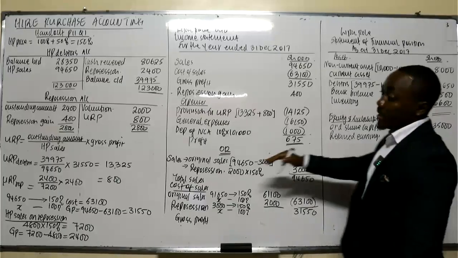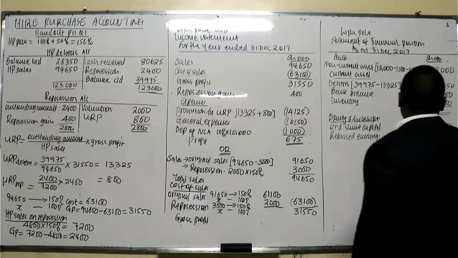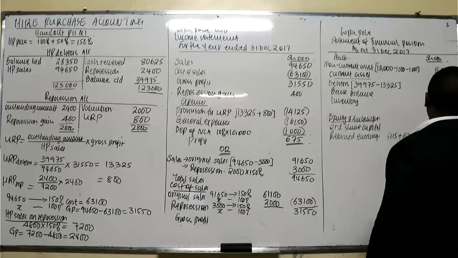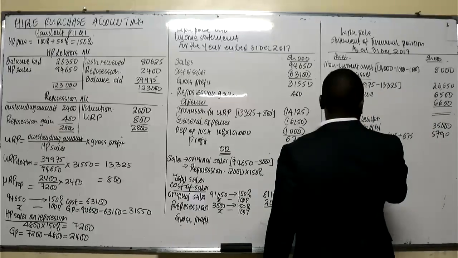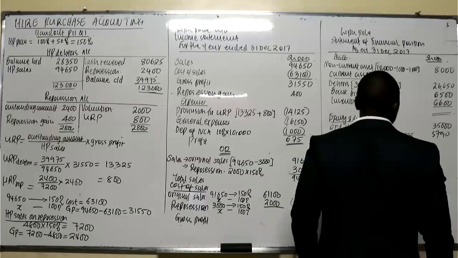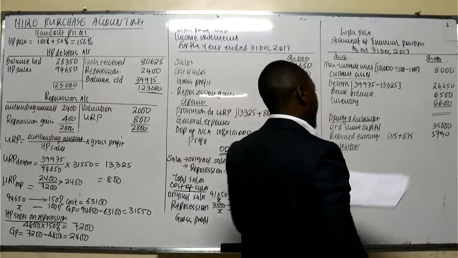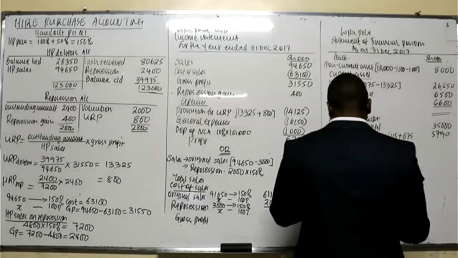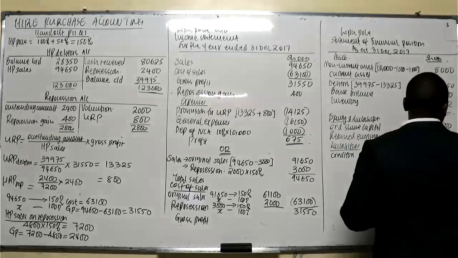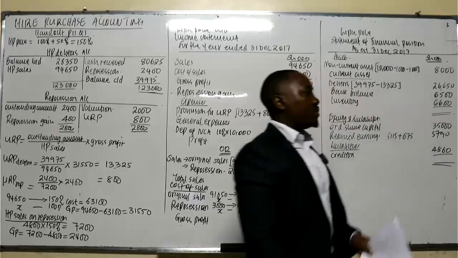And then you add the profit for the year, which was an amount of 675. And you get 57.9, right? And then we have liabilities. We have creditors. The creditors amount is 48.60. Let's add the total.